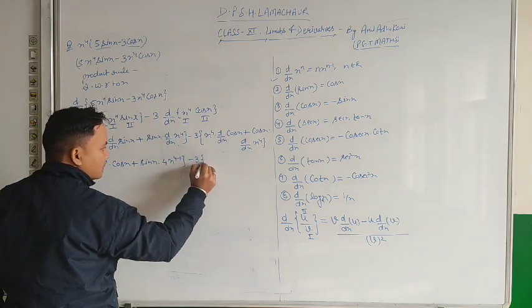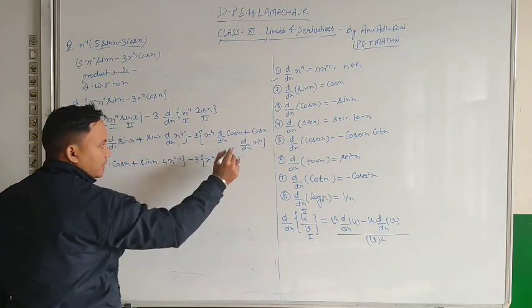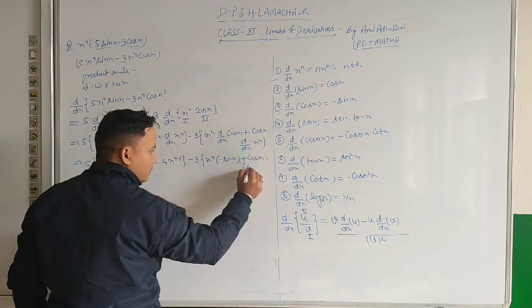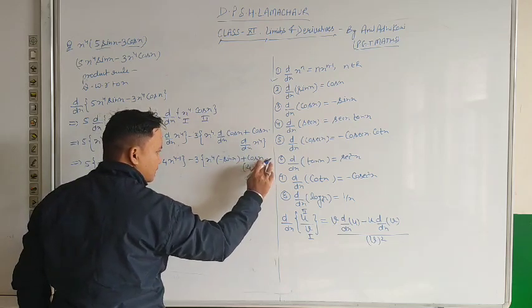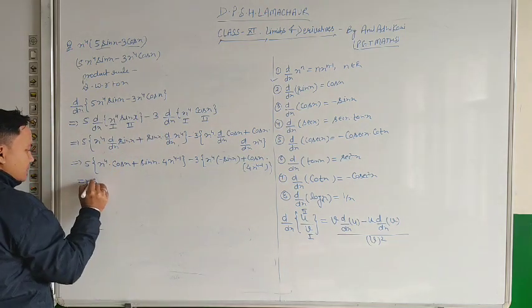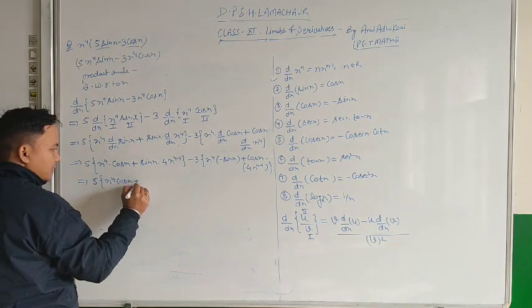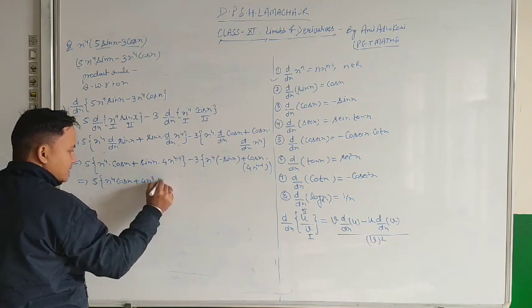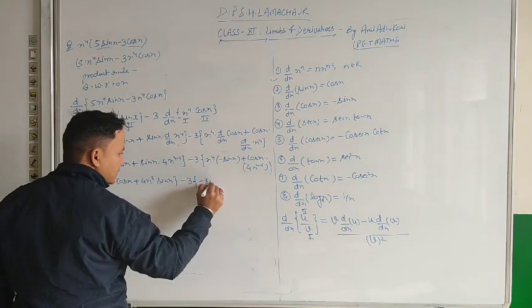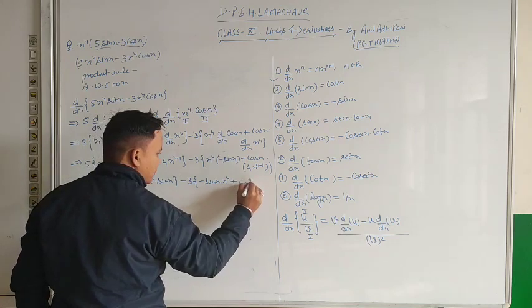Minus 3 x to the power 4, derivative of cos x is minus sin x, plus cos x into derivative of x to the power 4, 4 times x to the power 4 minus 1. So, this will be 5 times x to the power 4 cos x plus 4 x cube into sin x, and here minus 3 times minus sin x into x to the power 4, and 4x cube cos x.